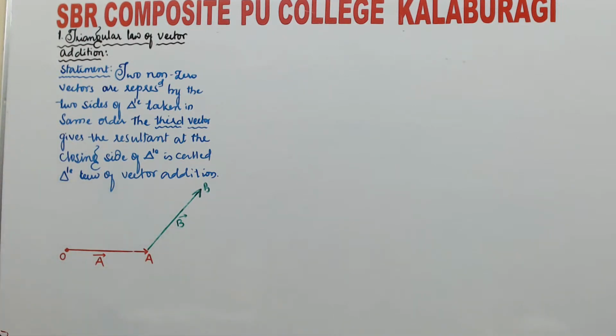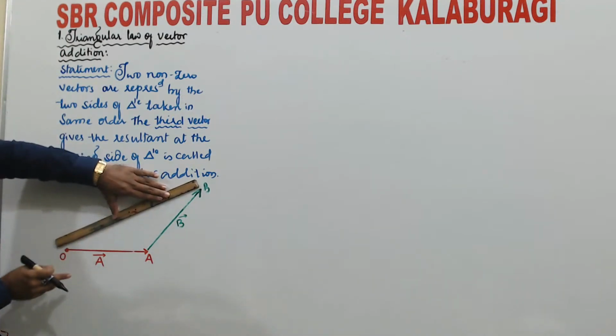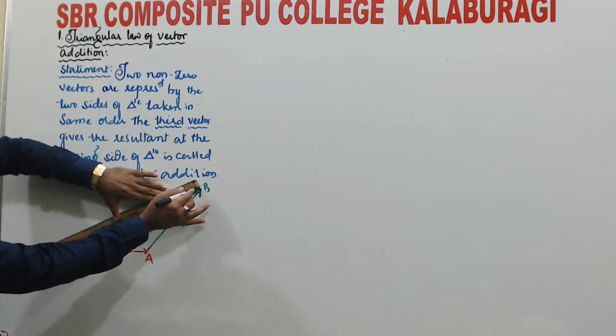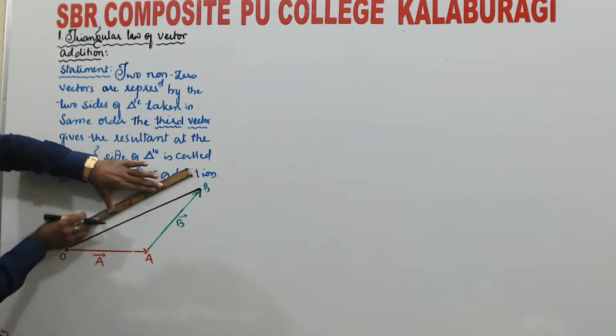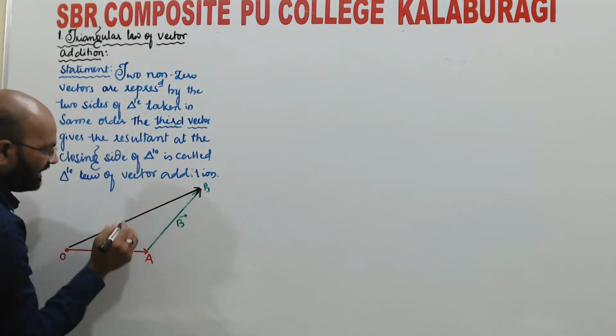Then the third vector is taken as the closing side of the triangle. So this gives us the triangular law of vector addition.